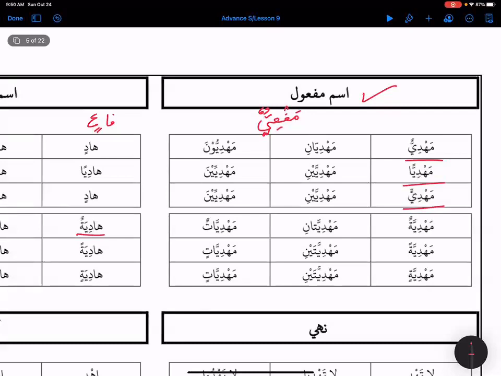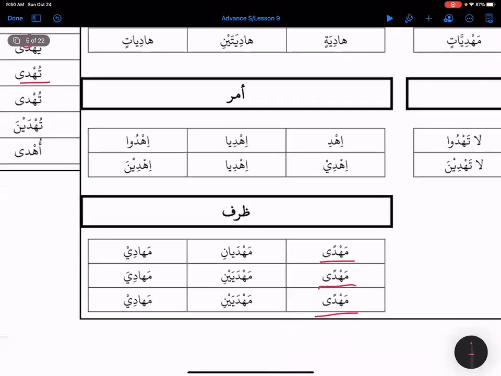Mahdiyun, Mahdiyani, Mahdiyan, Mahdiyin, Mahdiyaini, and then Mahdiyuna, Mahdiyina. And then Mahdiyatun would be the feminine version. And then the command will become Ihdi.